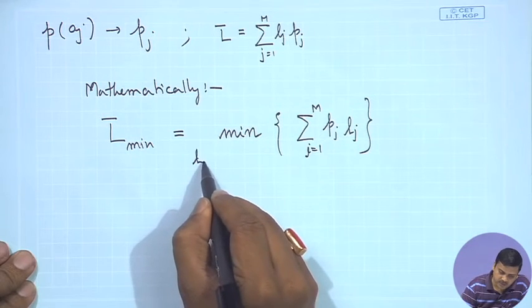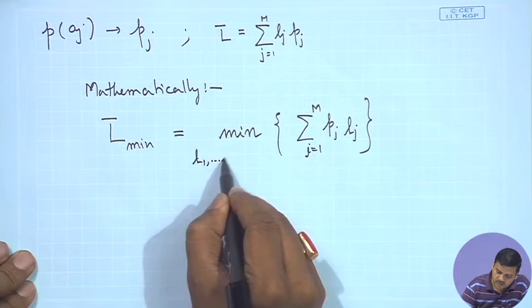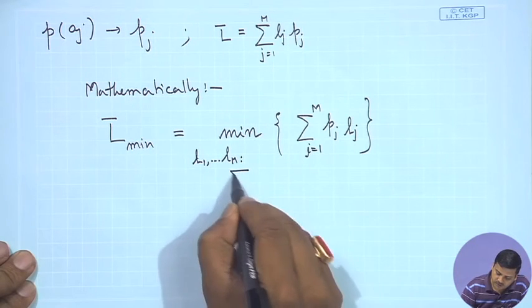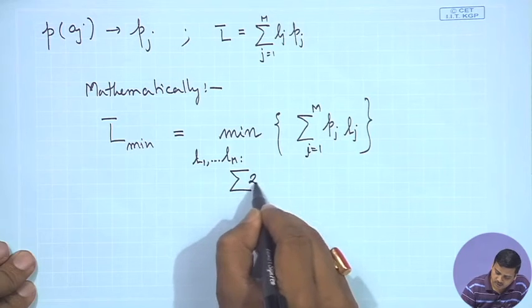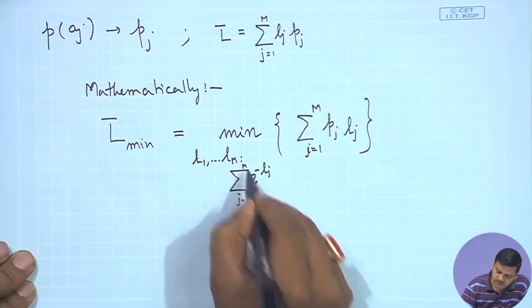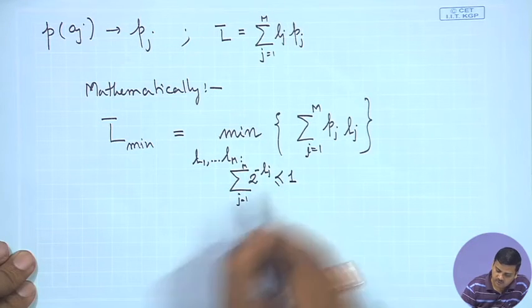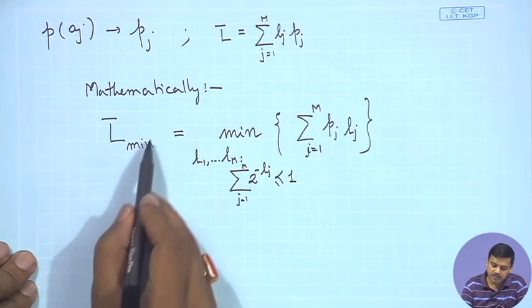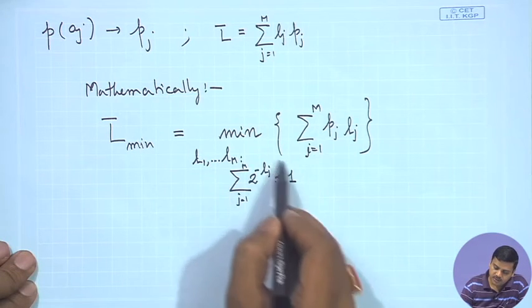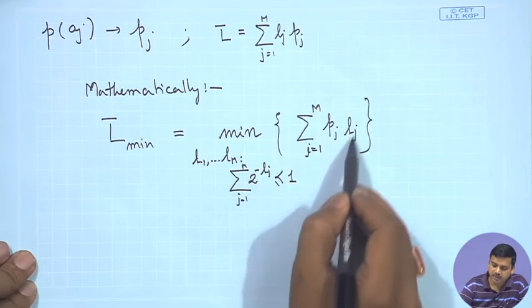you have these values which are given, L 1 to L m, subject to the Kraft inequality, that means the sum over j equals 1 to m of 2 to the power of minus L j should be less than or equal to 1. So, that means over all possible lengths subject to this condition, I would like to minimize this.